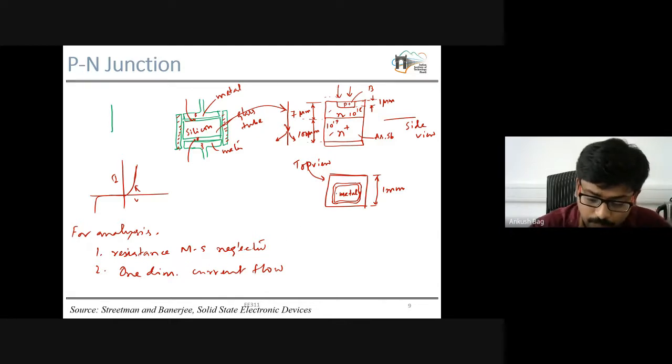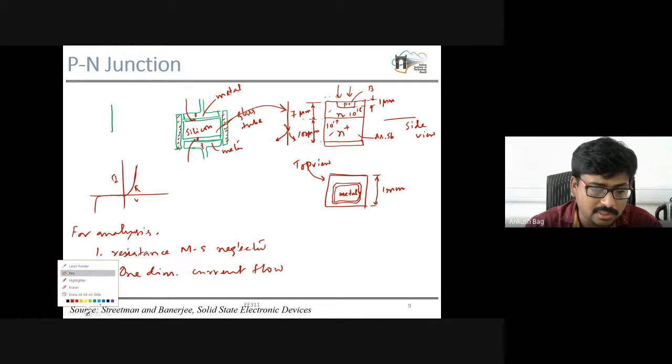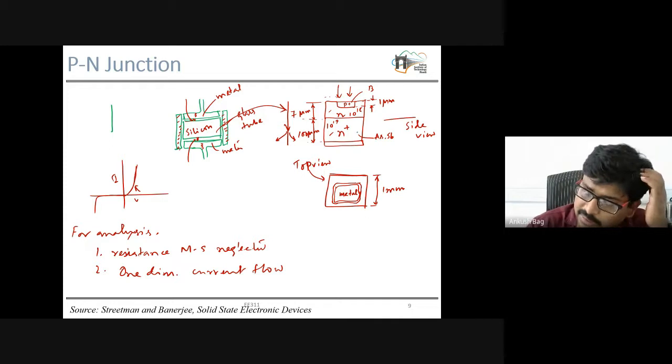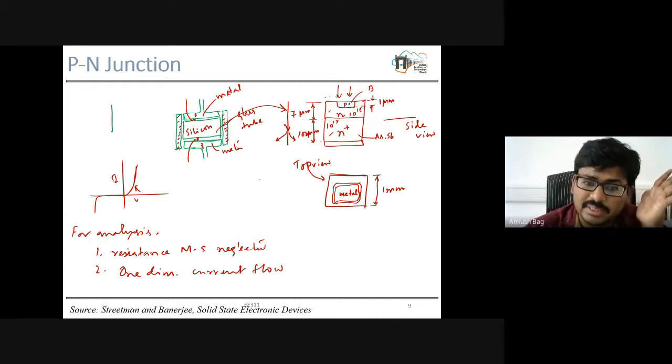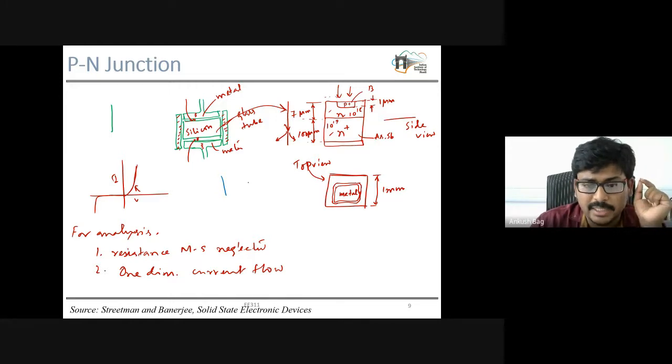Another thing: there is something called diffusion length. What is this diffusion length? We'll discuss it, but for the time being, in the last class we mentioned this.